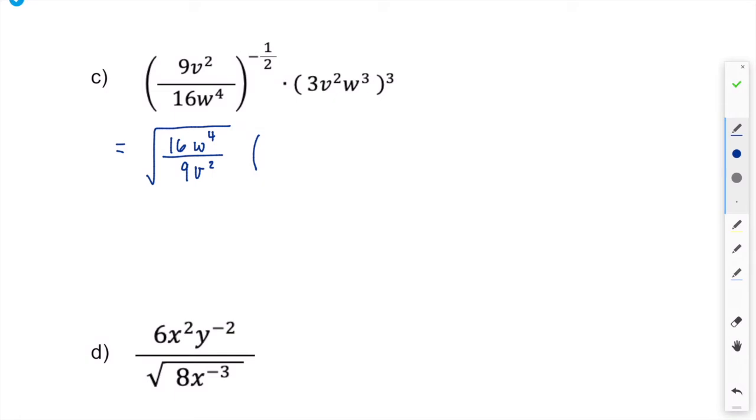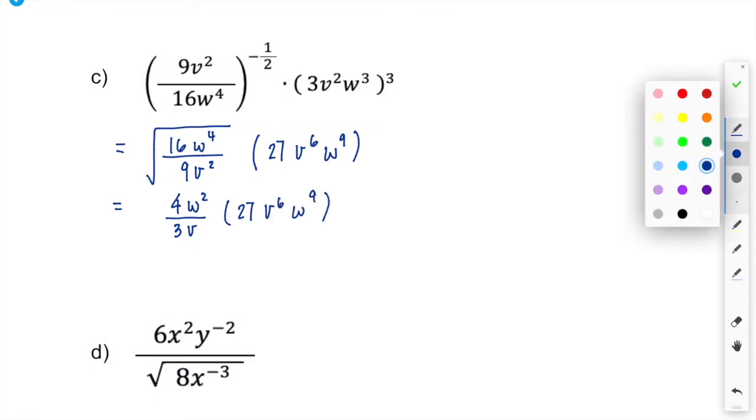So the cube of 3 is 27. V squared to the power of 3 is v to the power of 6. W to the power of 3 cubed is w to the power of 9. Simplifying further, the square root of 16 is 4, and the square root of w to the 4 is w squared. Then 3v here times 27 v to the 6 w to the power of 9.